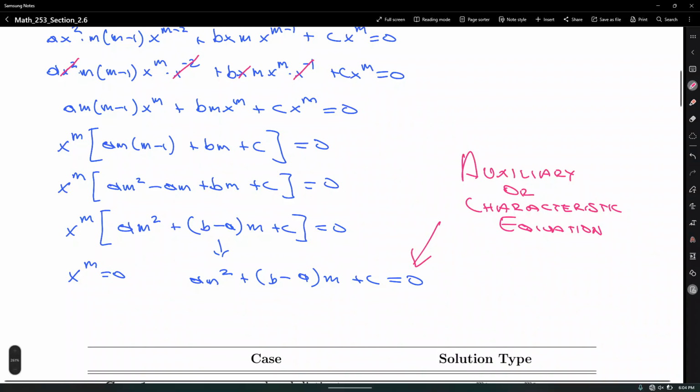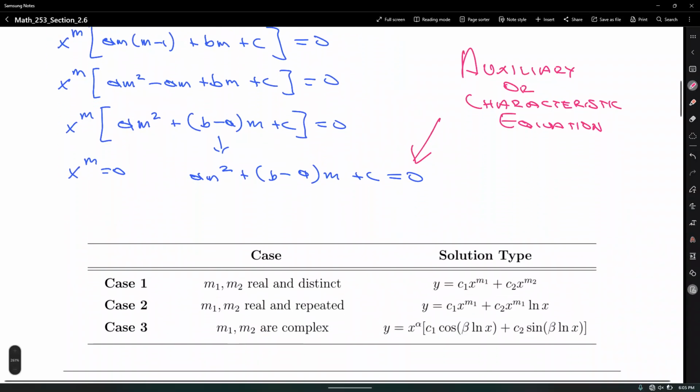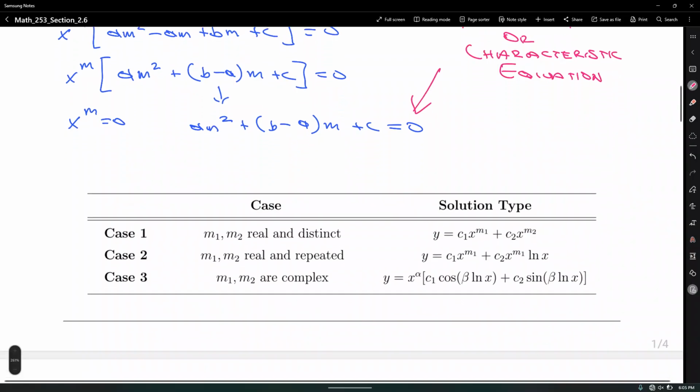We just turned them into a very straightforward polynomial, and we solved it with whatever method, factoring or the rational root theorem, etc. Here we need to do a little bit of work before we get that characteristic equation. Because we are going to solve a quadratic equation here, guess what? We still have three cases: distinct roots, repeated roots, and complex roots. How do we write those results when we have case one, real and distinct?